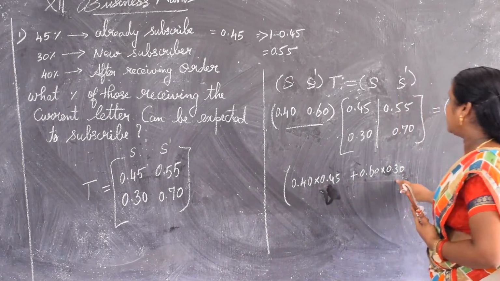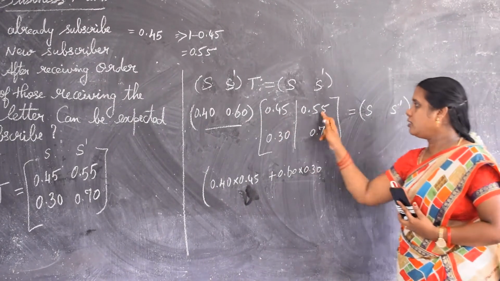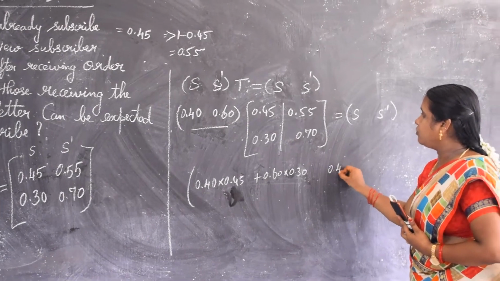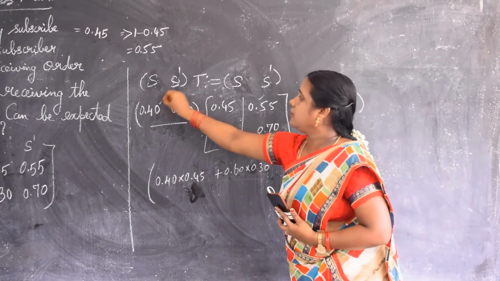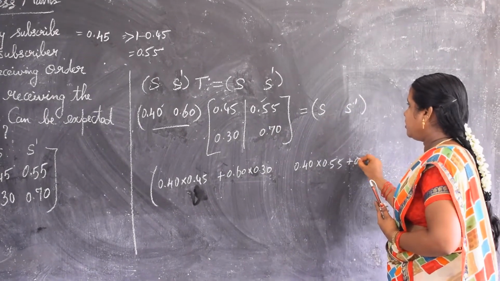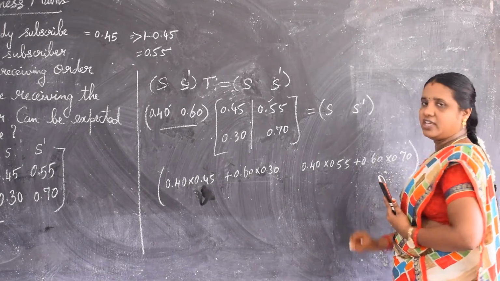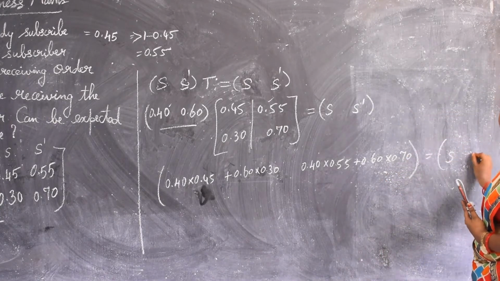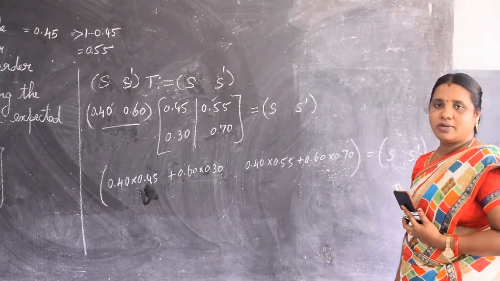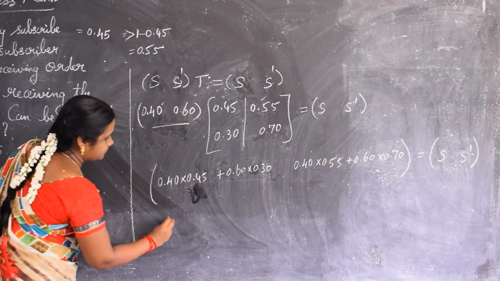Next you have to take the second column. So multiply 0.40 into 0.55, plus 0.60 into 0.70. Have you understood? I multiplied the matrix, which is equal to S, S dash. Now you multiply and write the answer. See here, what will you get?